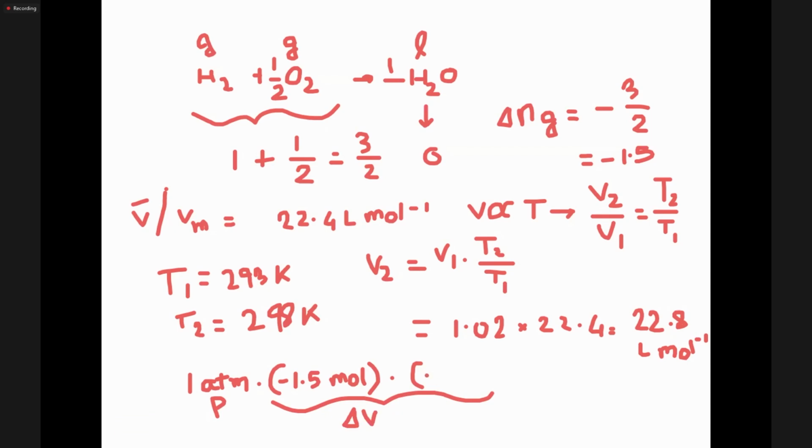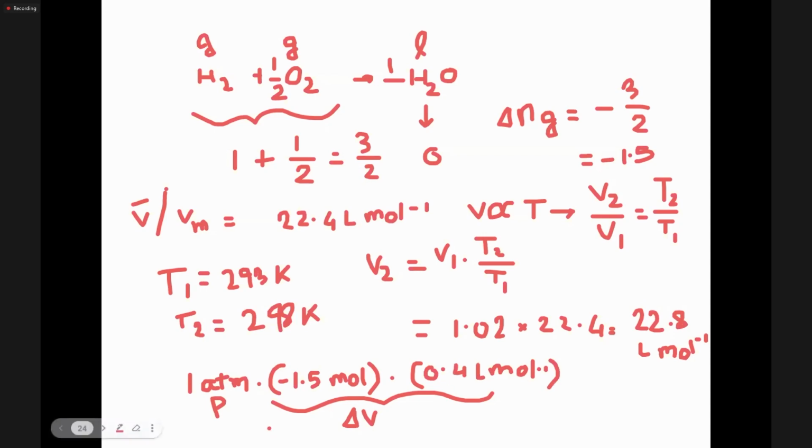So eventually it was 22.8 finally, and initially it was 22.4. If we subtract 22.8 minus 22.4, we have 0.4 liter per mole. It is V2 minus V1.